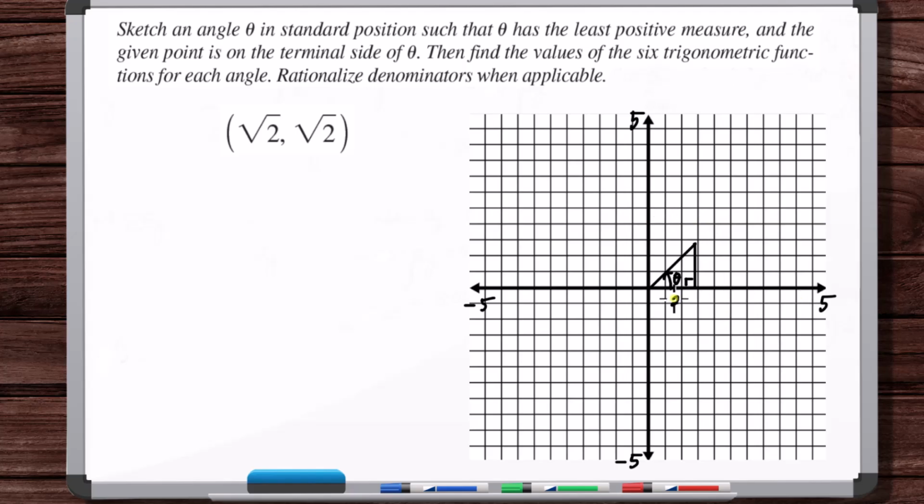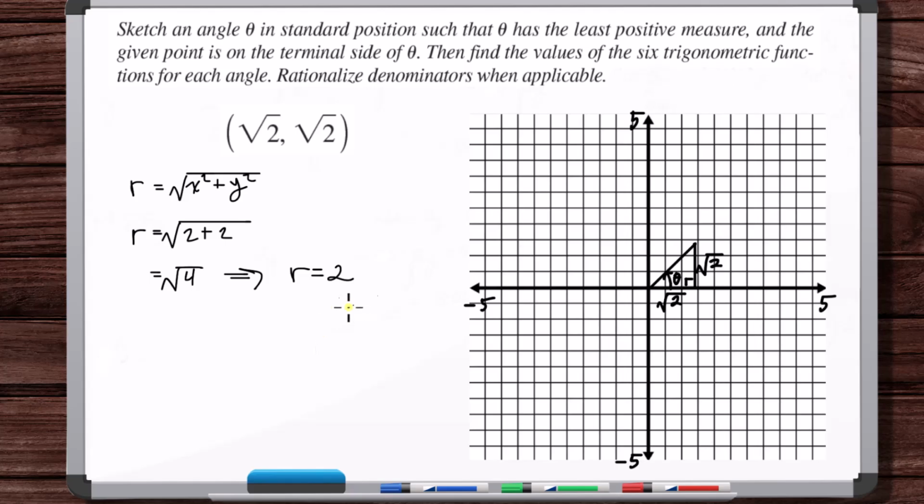Now we've got root 2, and those are both positive. So what is r? R is root 2 squared, which is 2. R is 2.